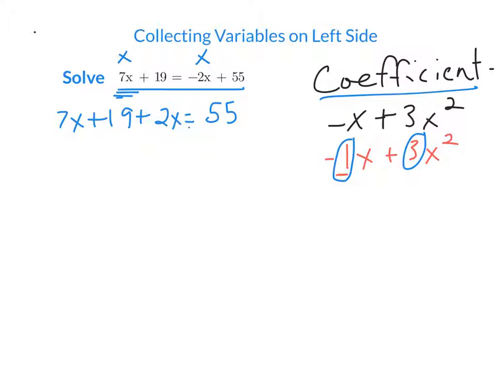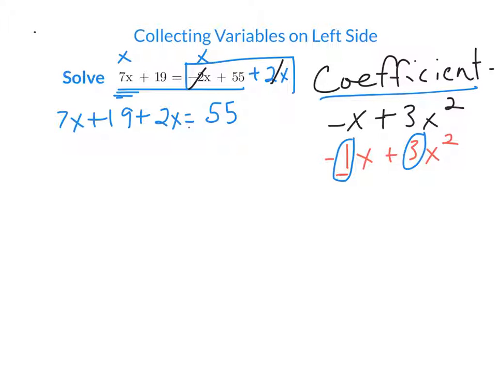I don't have enough room here, but on the right side these two would cancel each other out, so you're just left with 55. By the time I add the positive 2x to both sides, it just leaves me with the 55 on this side. So I took a shortcut here.